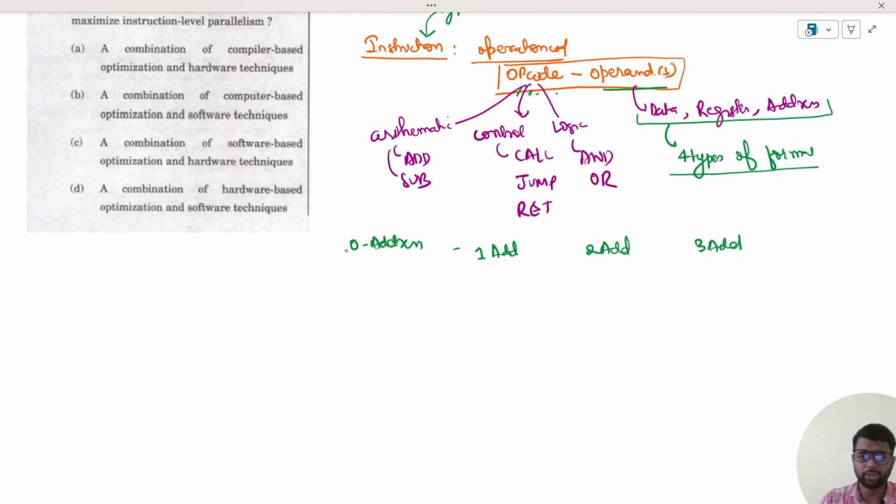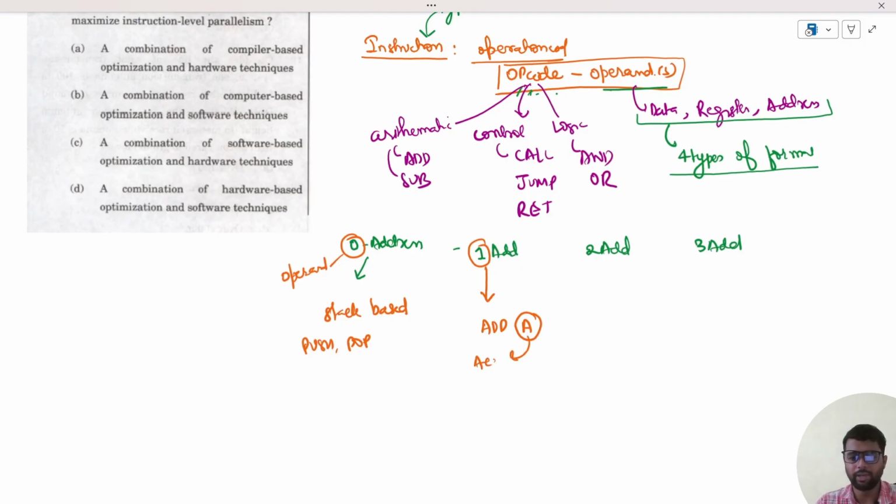Zero address instruction means those types of architectures in which we are not using any operand. Zero basically indicates the number of operands. In stack based architectures this type of instruction is used. In one address, examples are push, pop, etc. In one address instruction format there will be only one operand, so it could be add A. That means whatever is there in A is added with the content of the accumulator.